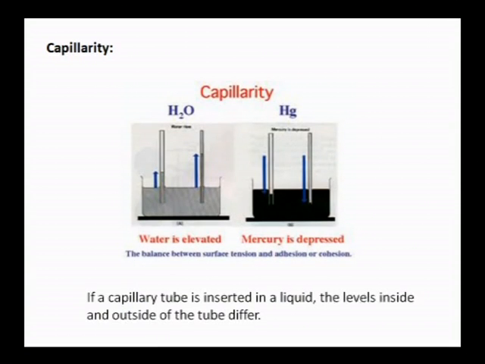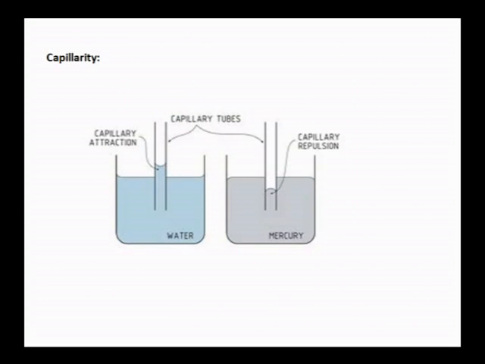For some liquids where the cohesive force is less than the adhesive force, the liquid rises up in the capillary tube, as in case of water, and for some other liquids where the adhesive force is less than the cohesive force, as in mercury, the liquid falls below the actual level in the beaker. So, the liquid either rises above the level or falls below the level. Together we call this capillarity.